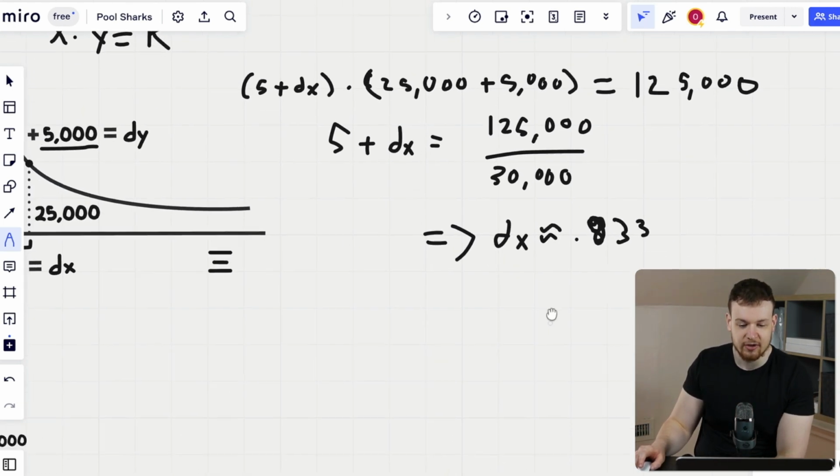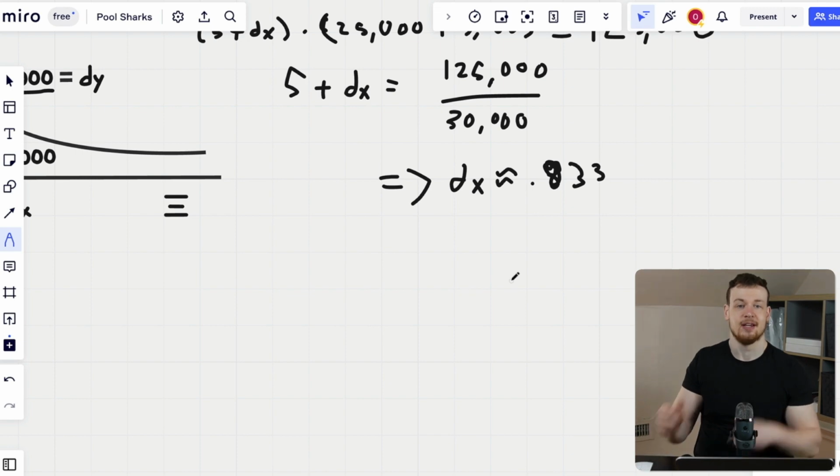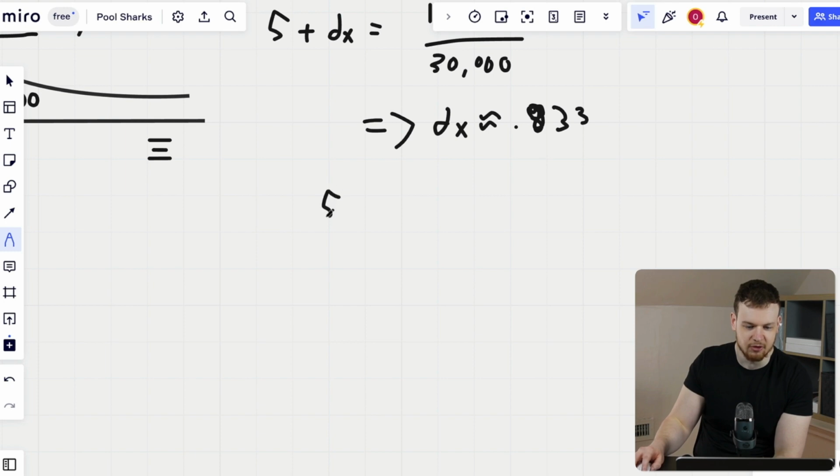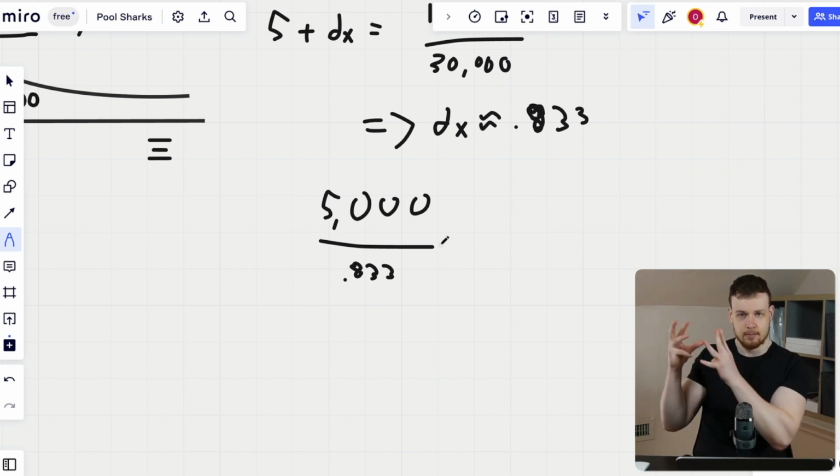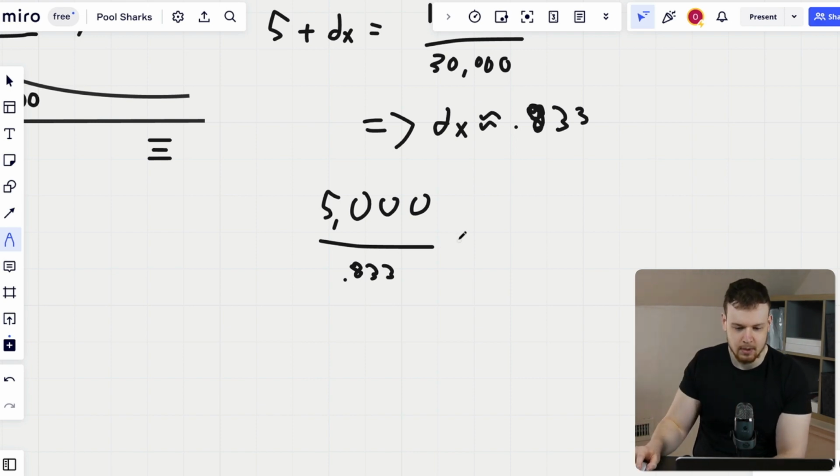So we can actually take this and figure out exactly the price of the ether that I experienced during my swap. So we can say, just relating 5,000 DAI per the 0.833 ether that I got out. This is the rate at which I put in DAI to get out X amount of ether.